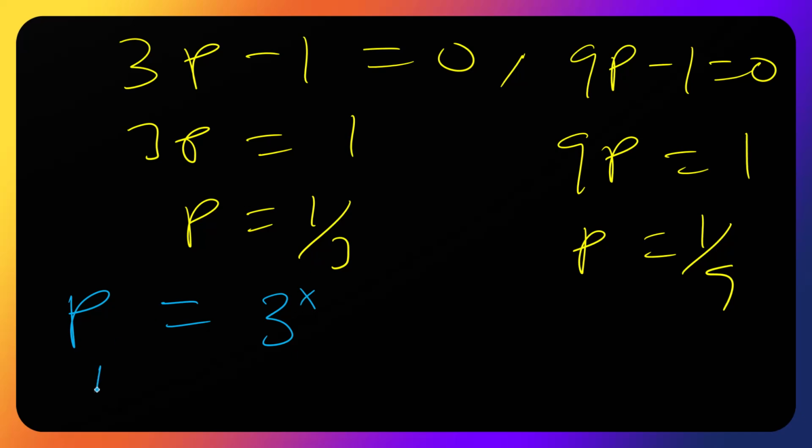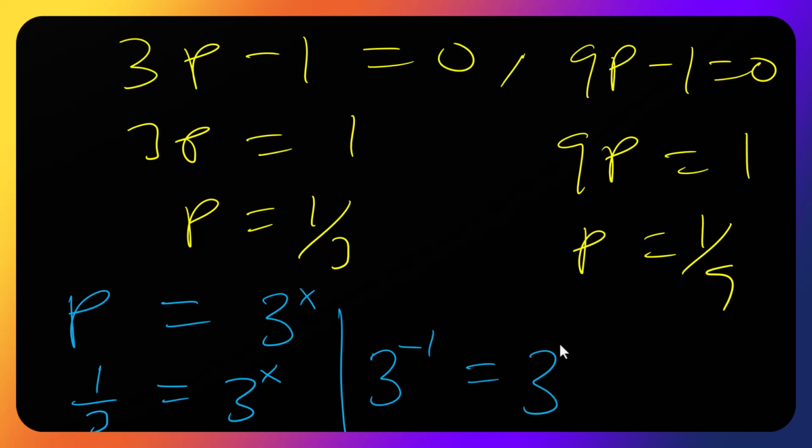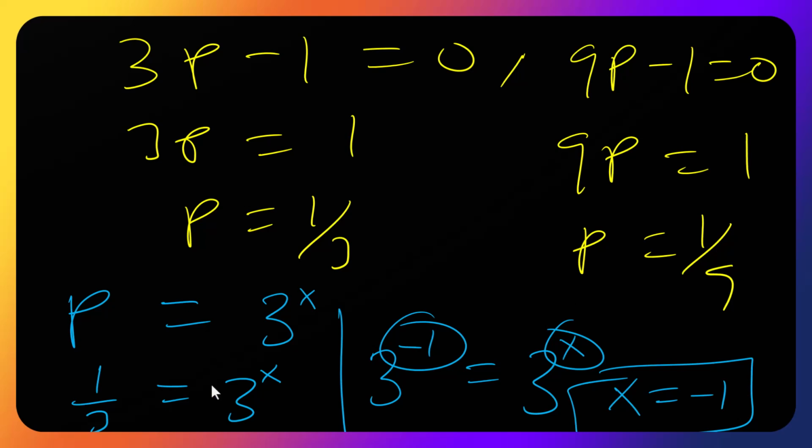So the first answer is 1 over 3 equals to 3 to the power of x. And we can write this one as 3 to the power of minus 1 equals to 3 to the power of x. Therefore, x equals to minus 1. And also, 1 over 9 equals to 3 to the power of x.